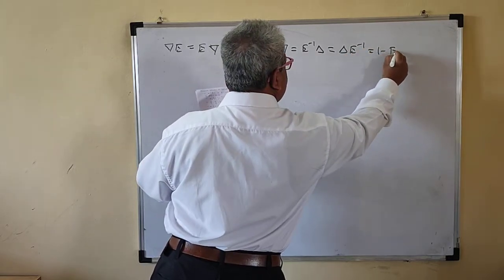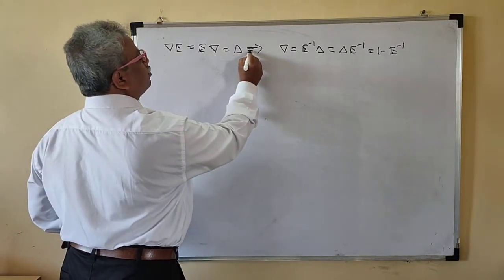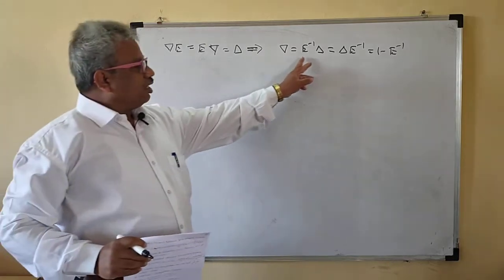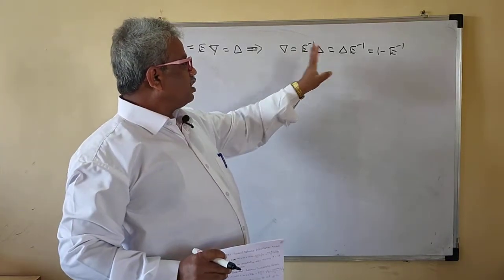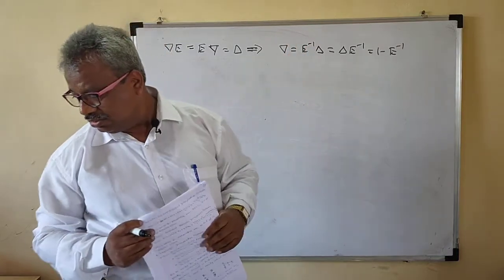This is the same as 1 minus E inverse. So remember this. This is the relation among the forward difference, the backward difference and the shift operator.